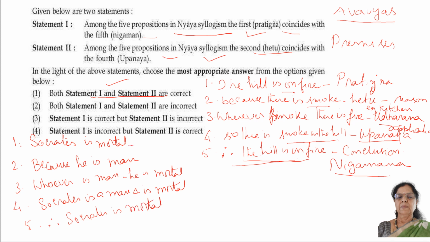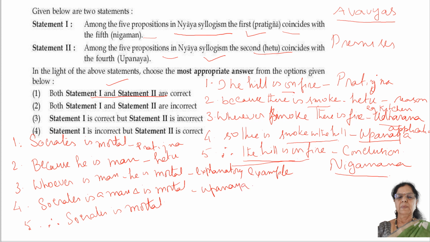So this one is pratigna. The second one is the reason or the hetu. And the third one is the explanatory example, udharana. And this is upanaya.